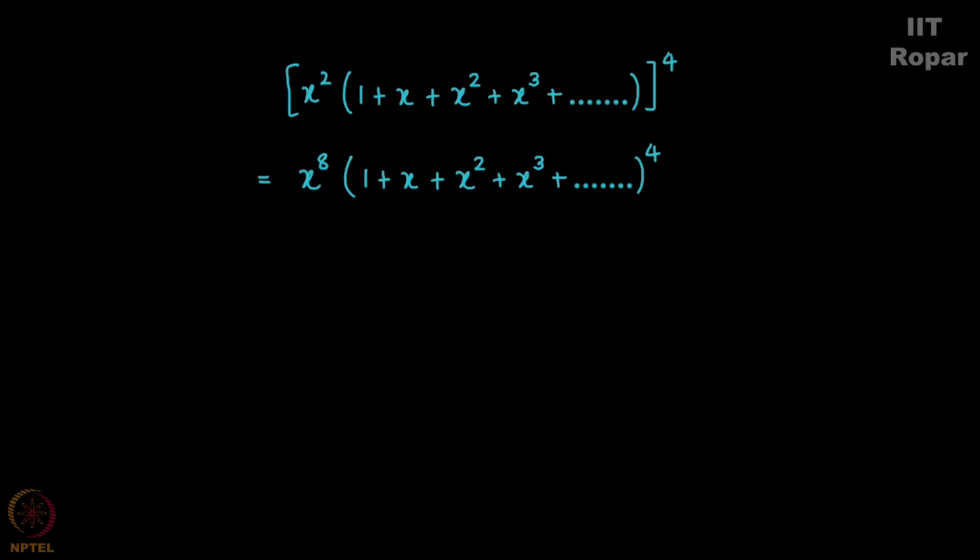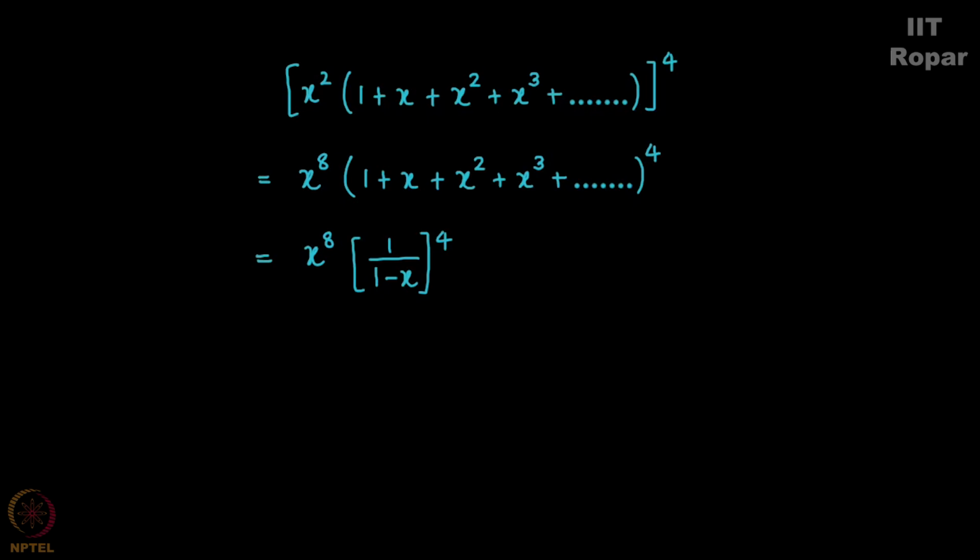Don't you observe that 1 plus x plus x square so on can be written as 1 by 1 minus x? We have seen that 1 by 1 minus x is the closed form of 1 plus x plus x square and so on. So, this can be written as x square the whole power 4 into 1 by 1 minus x the whole power 4. Clear? If it is not clear, please rewind the video, play it several times and you will be able to understand.